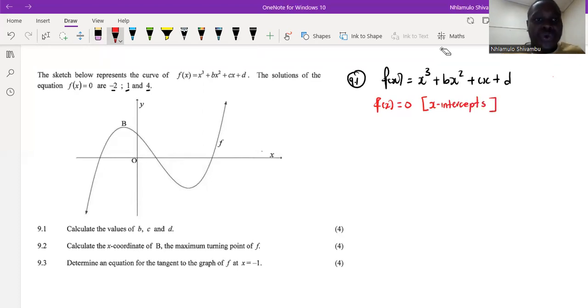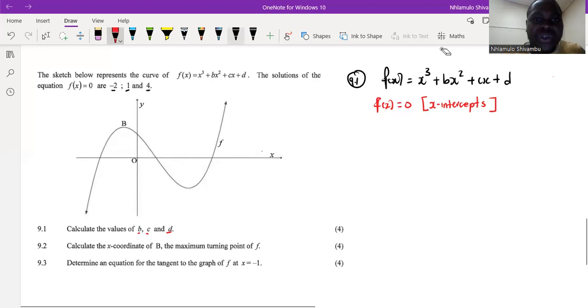Now, we need to calculate the values of b, c, and d. When they say calculate the values of b, c, and d, it is the same as asking you to determine the equation of the curve.